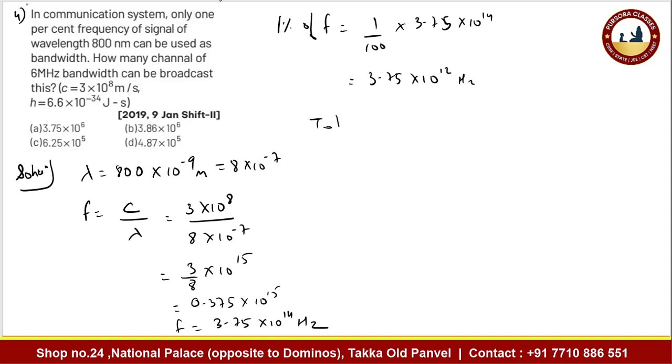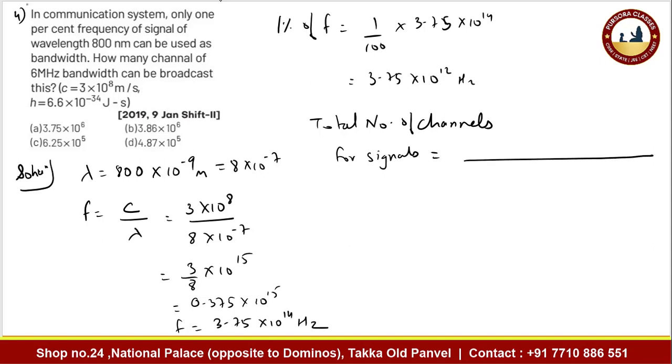So the total number of channels for signals will be equal to the total bandwidth available upon the bandwidth of a TV signal.